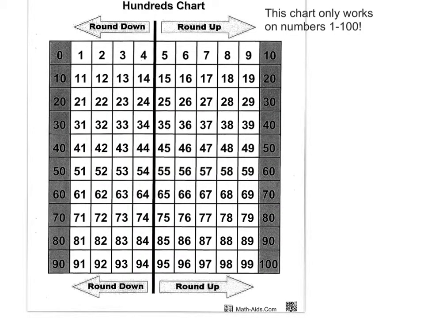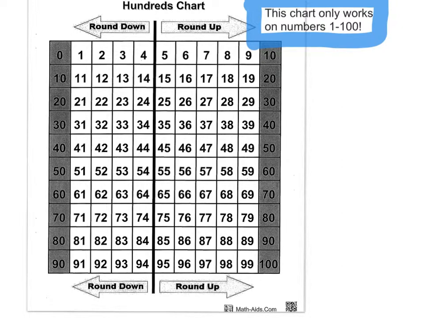Alright, so I told you that my video was going to disappear, which I warned you about. This is a hundreds chart. Now, I want you to make note, you need to write this down, that this chart only works on numbers between 1 and 100. So, if you don't understand the other way, you could find the number on the chart and see which 10 it was closer to.